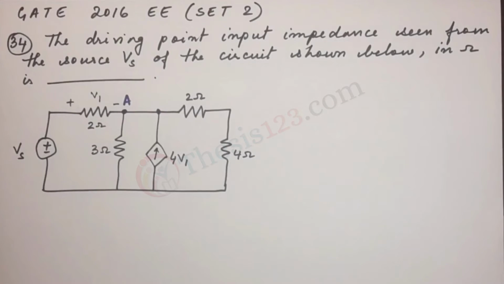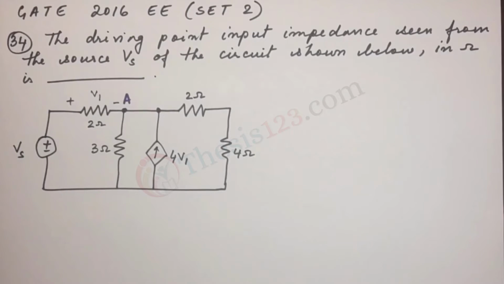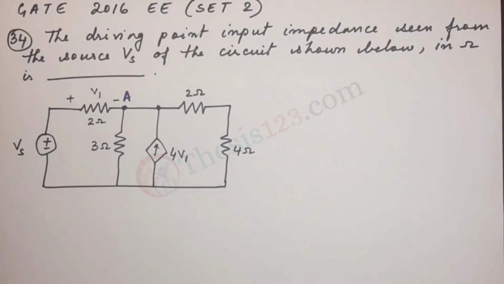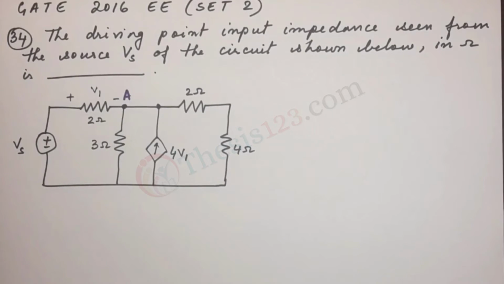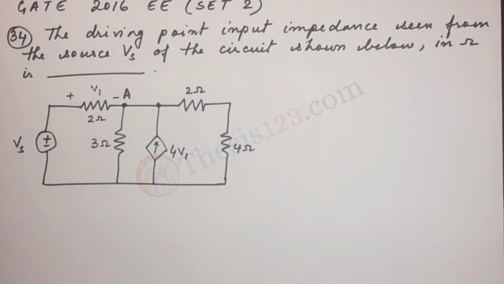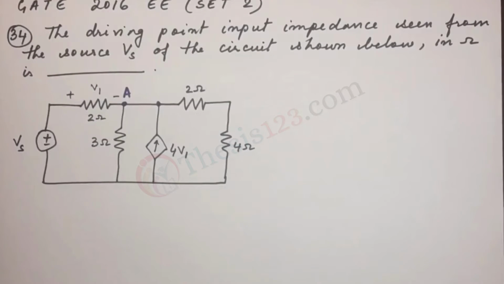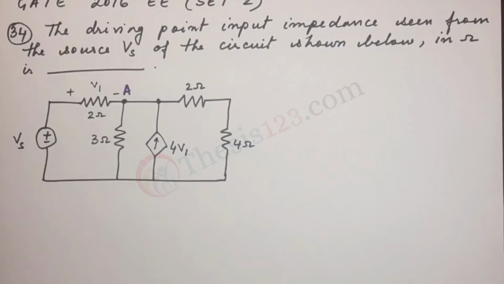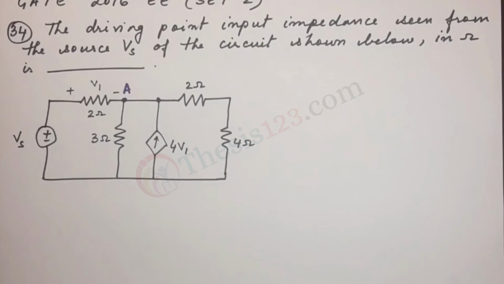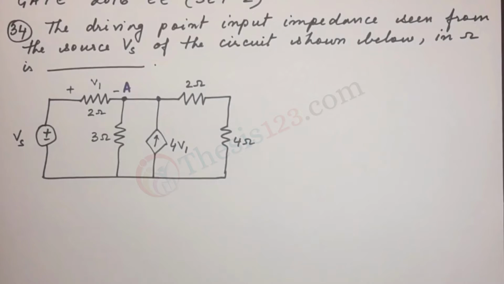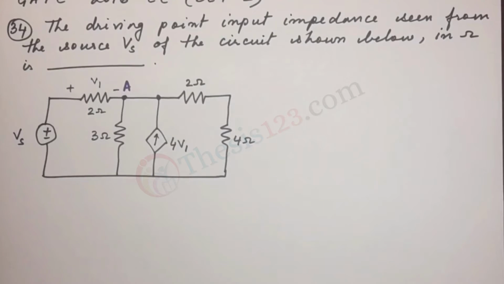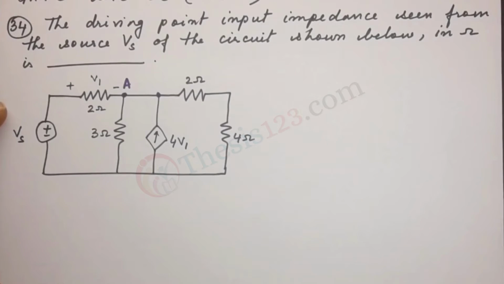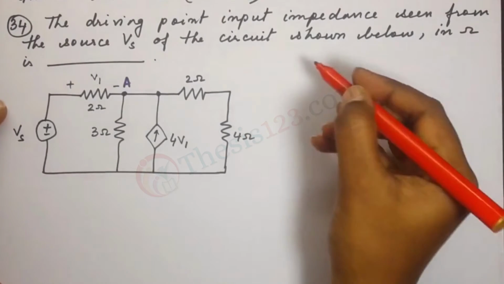Here's the next question, number 34. The driving point input impedance seen from the source Vs of the circuit shown below in ohms is dash. Okay, so this is not a multiple choice question and we will have to try and work it out. So in the circuit given to us, let's take the point A as shown. Now the question talks about driving point input impedance.